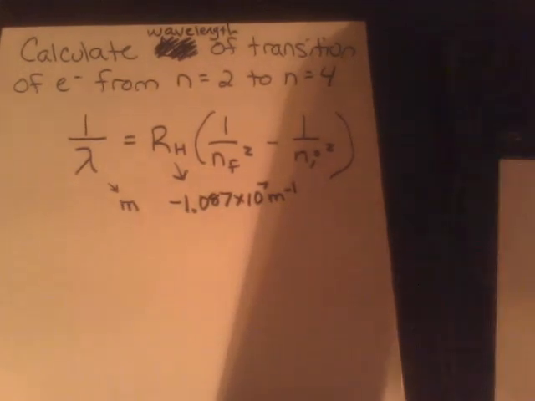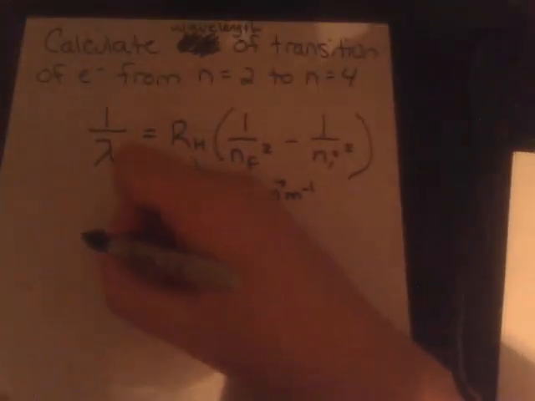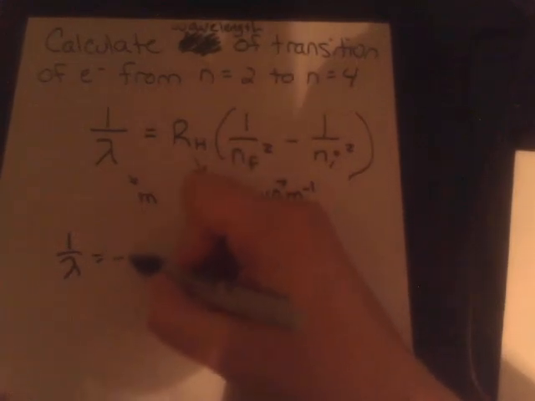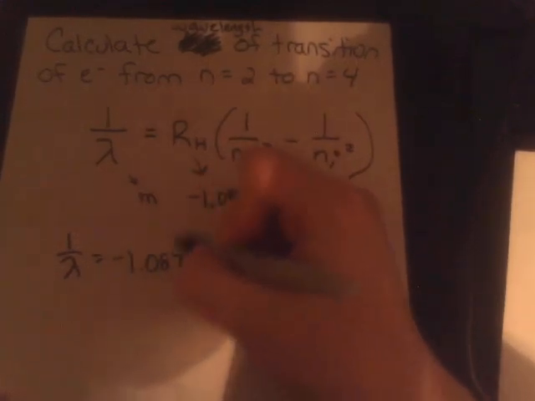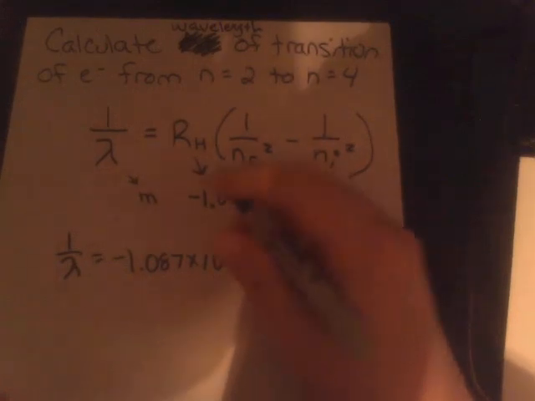So how would we solve this? All we would have to do is plug in our numbers. So we're going to have 1 over wavelength equal to negative 1.087 times 10 to the 7 per meter.